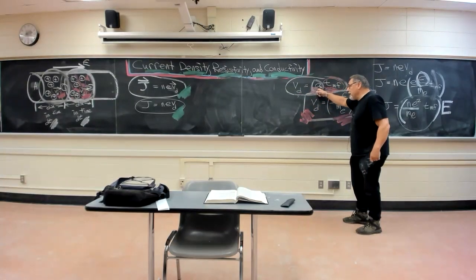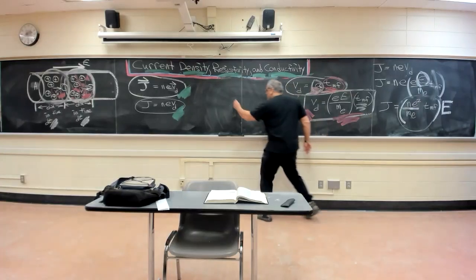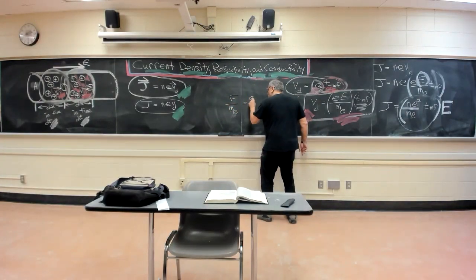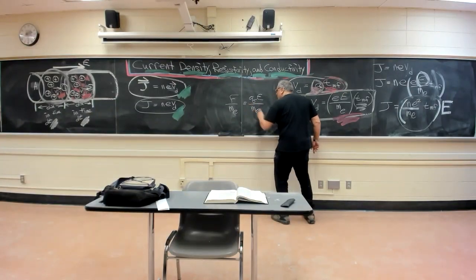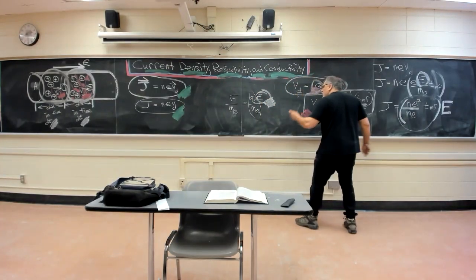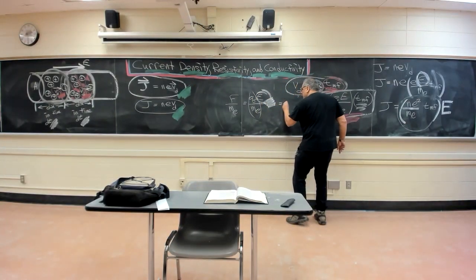When does a become big? Well, a becomes big when it's force divided by a mass, which is q e divided by a mass. And yeah, if this is a constant, the bigger the E field, the bigger the acceleration.